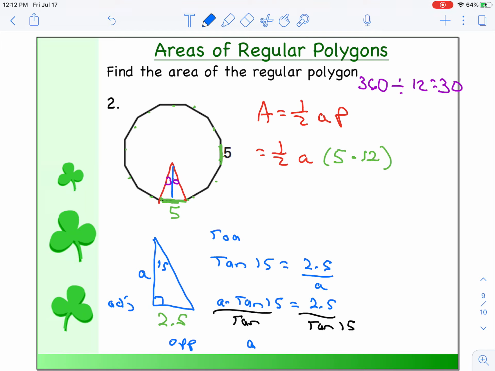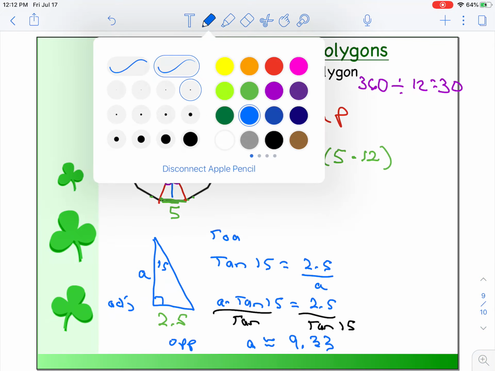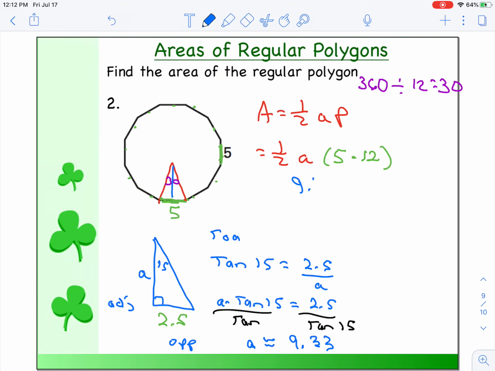So I divide each side by tangent of 15. And that gives me my apothem is approximately equal to 9.33.